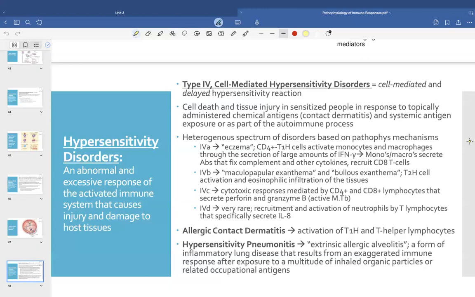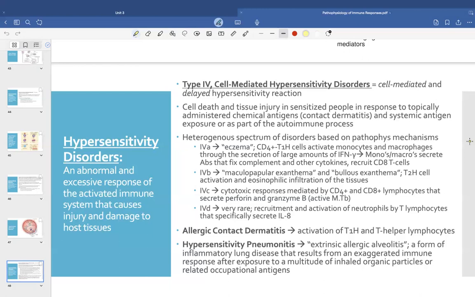Then 4D, which is very rare, has to do with recruiting and activating neutrophils by T lymphocytes that specifically secrete interleukin 8. Your contact dermatitis is your typical activation of T helper 1 lymphocytes. There's also hypersensitivity pneumonitis that you probably learned about last semester from Dr. Hendricks.